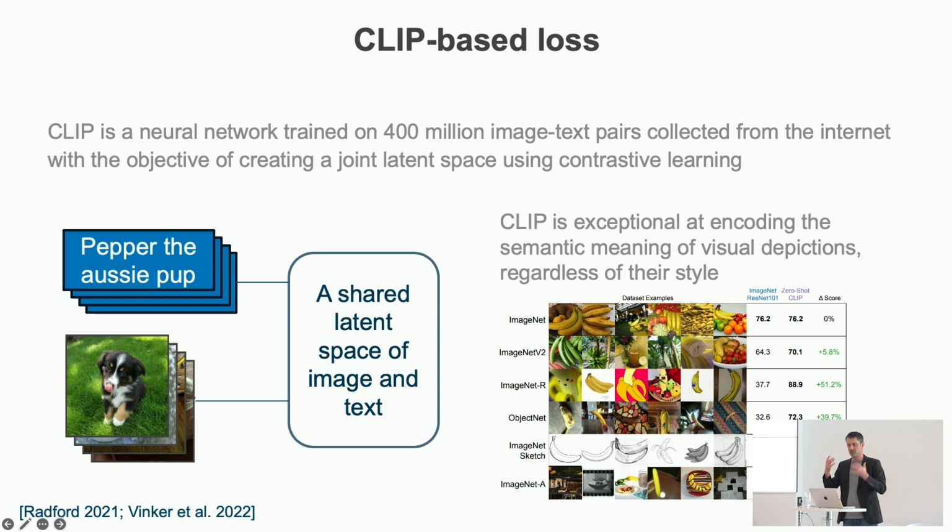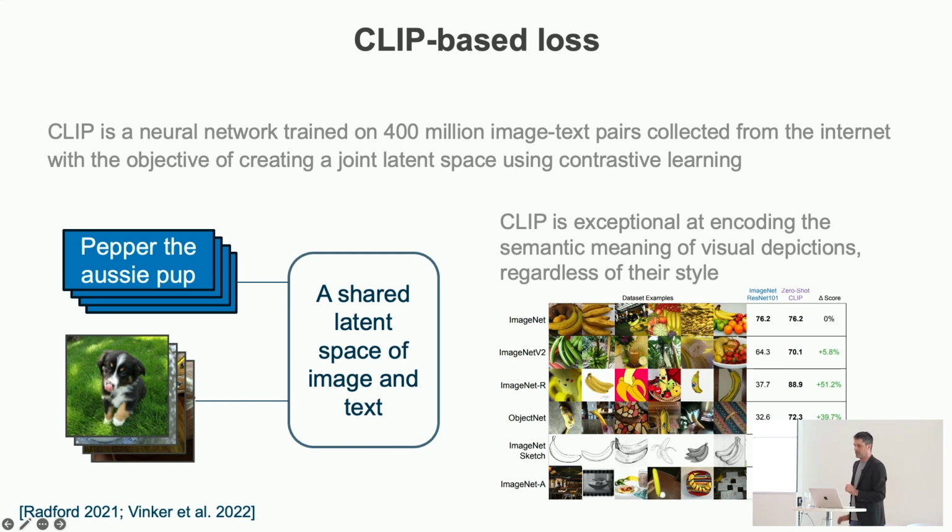For this we build on CLIP, which stands for Contrastive Language Image Pre-training, a deep learning model developed by OpenAI in 2021. It's trained on 400 million image text pairs collected from the internet, with the objective of creating a common latent space where you can encode both text samples and images together. And in this representation, you can then also compare these things.